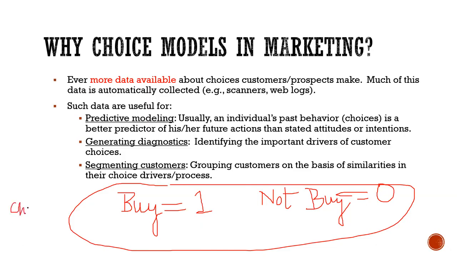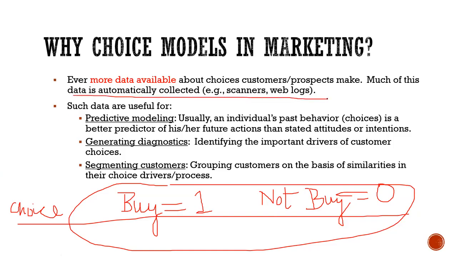Whenever you have a column in your data which is 0 and 1, which indicates the choice that the consumer has made, that is called choice data. This type of data is easily available at the stores. You can collect this data through surveys. And there's a lot that you can do with this type of data.